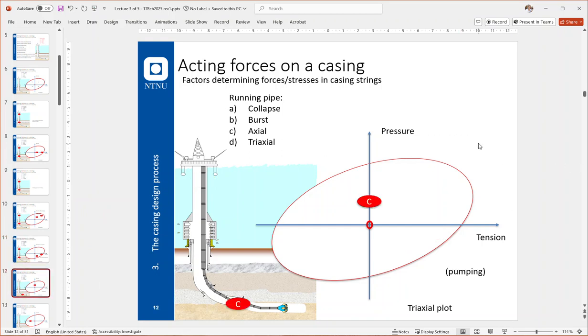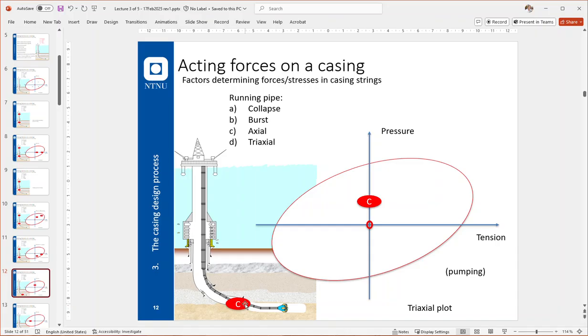Let's go to point C. Point C is an interesting point because it has zero axial tension. It's the neutral point of the string.